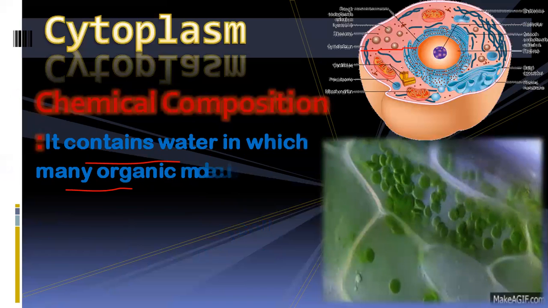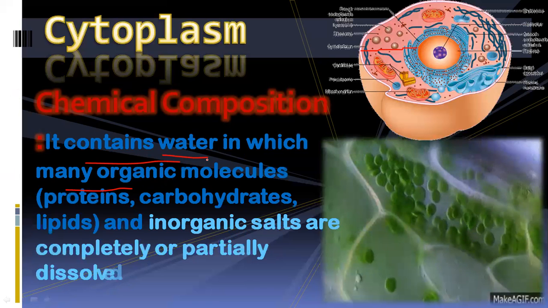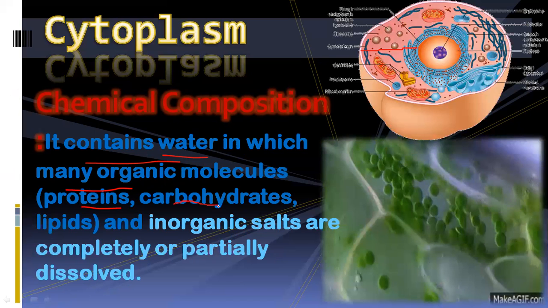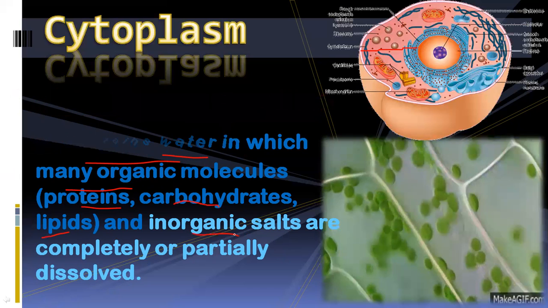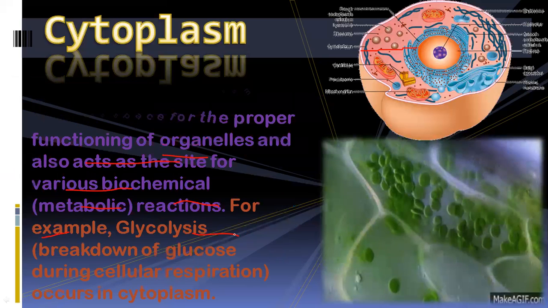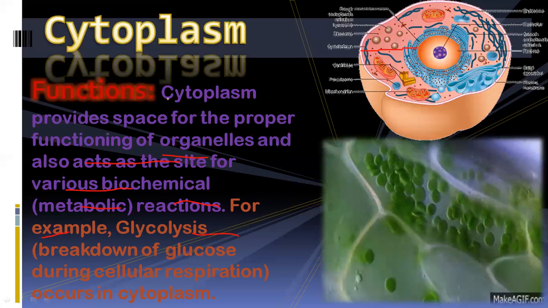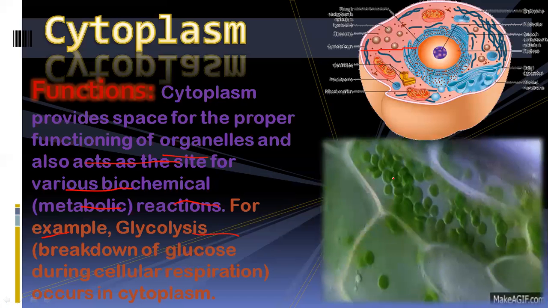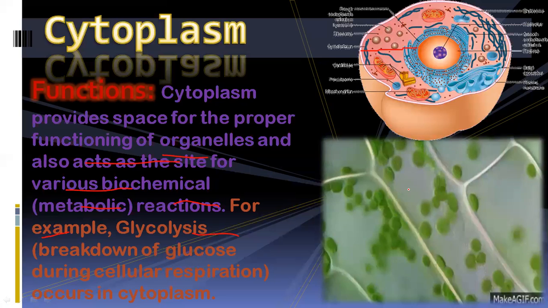If we see its chemical composition, it has lots of water inside it, which makes it a jelly-like substance, and it has proteins, carbohydrates, lipids, and lots of inorganic salts, which are completely or partially dissolved in it. Okay, if we see its functions, it has very important functions, because if the cytoplasm shrinks, the cell can die.